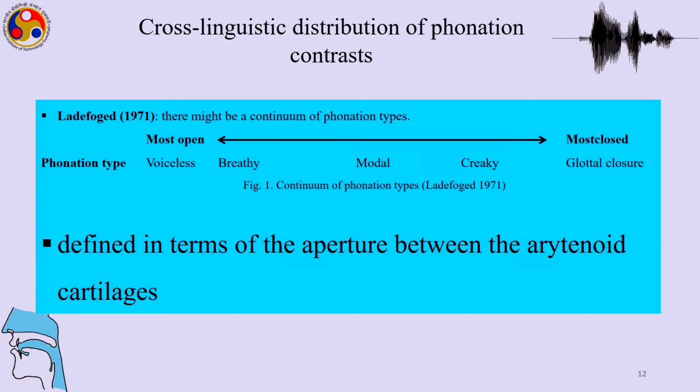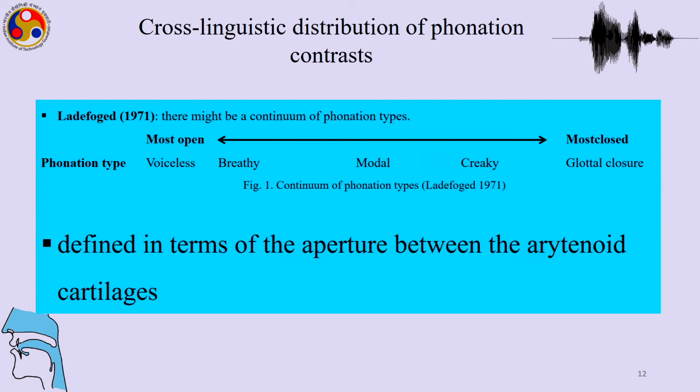This is from Ladefoged 1971. We see this is a simplistic diagram of the continuum of phonation types. All this is defined in terms of the aperture between the arytenoid cartilages of the larynx.